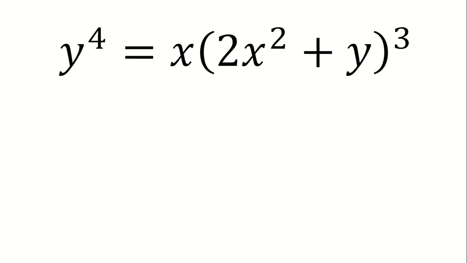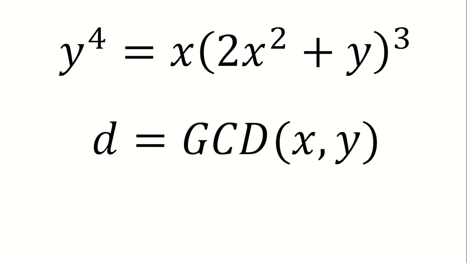First, we rewrite the equation: y to the power of 4 is equal to x times (2x to the power of 2 plus y), all of it to the power of 3. So we have a fourth power, a first power, and a third power. This leads us to use the GCD of x and y.